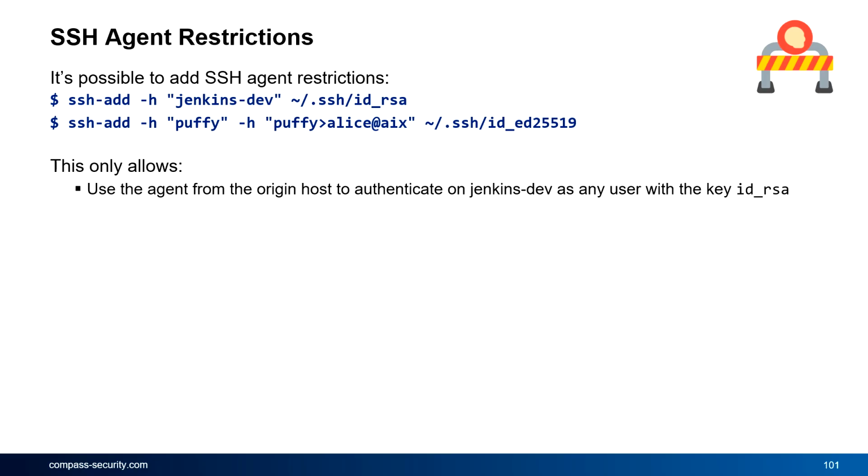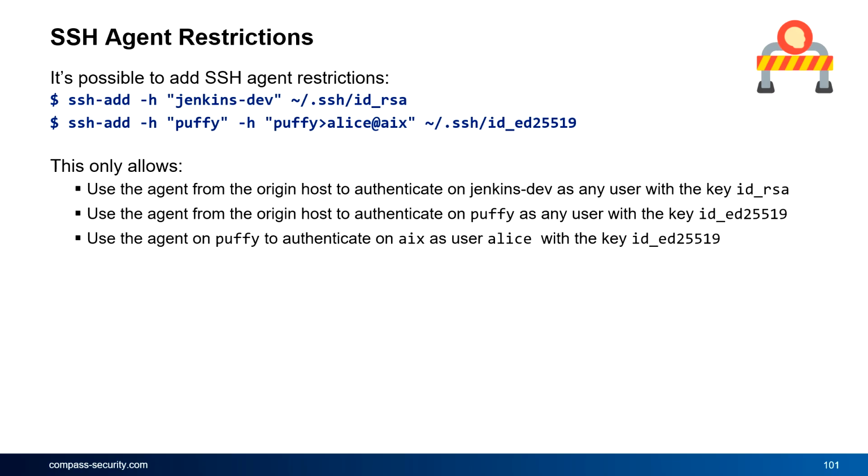First, it's possible to authenticate as any user on the host Puffy, and then from the host Puffy, it's possible to use the agent to authenticate on the host AIX as the user Alice. But no other connection would be possible using these keys.